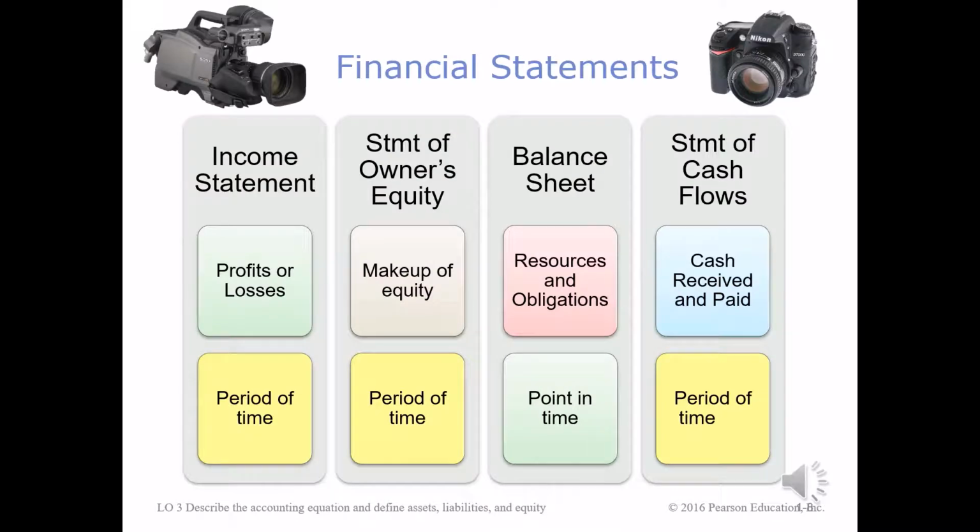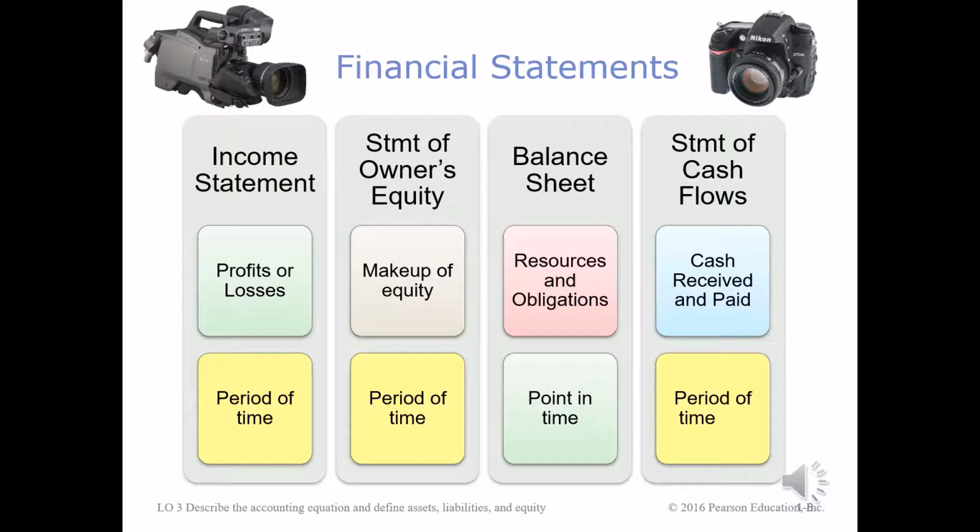We talked about the two primary financial statements, the balance sheet and the income statement. There are a couple of other reports that we use quite a lot in accounting. One is the statement of owner's equity, and the other is the statement of cash flows. The income statement, as you can see, reports profits and losses.